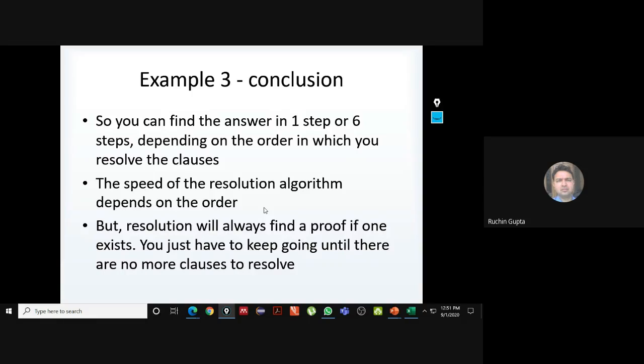So speed depends on the order of clauses, and there is no way to know beforehand which order gives the maximum efficiency of the algorithm.